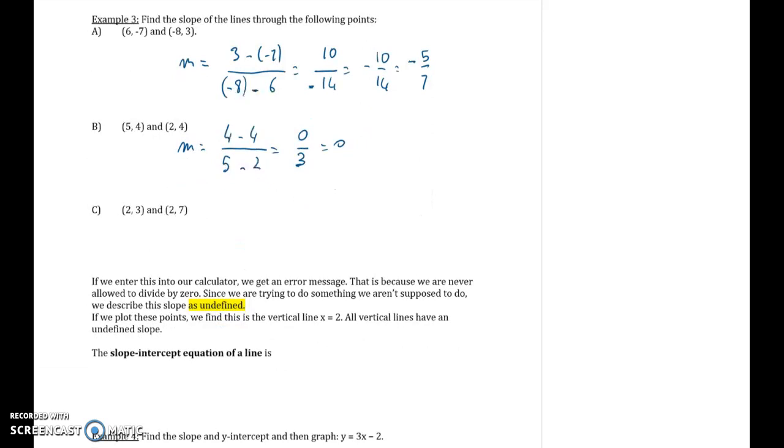And the last one, m equals 7 minus 3 over 2 minus 2, and I end up with 4 divided by 0. All right, 4 divided by 0. That implies that I have a vertical line.